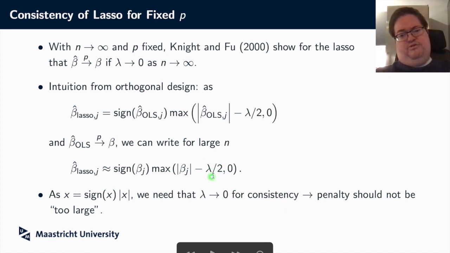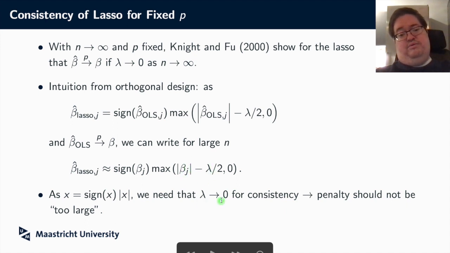If this lambda is persistently different from 0, you will always subtract something from your true beta j. And you may not end up with 0, you may be larger than 0, but you will not end up at the true value. Now, would lambda be equal to 0, of course, we know beta j is then what we'll end up with here. Either it's 0 and we have 0, or it's larger than 0 and we have the absolute value of beta j. And we can, of course, fit directly into this framework the sign of beta j times the absolute value of beta j.